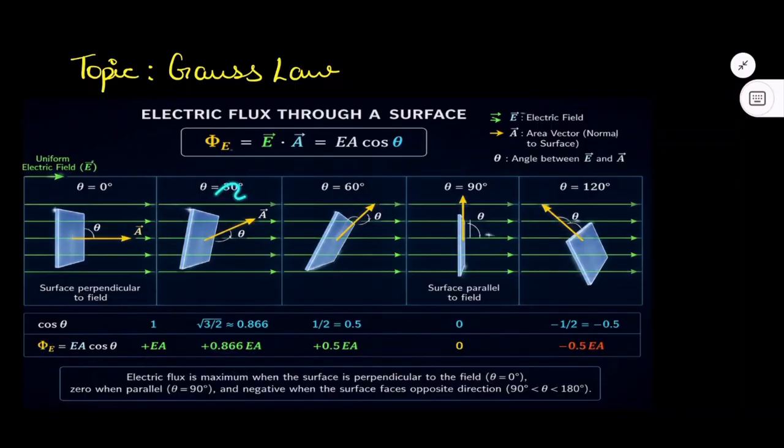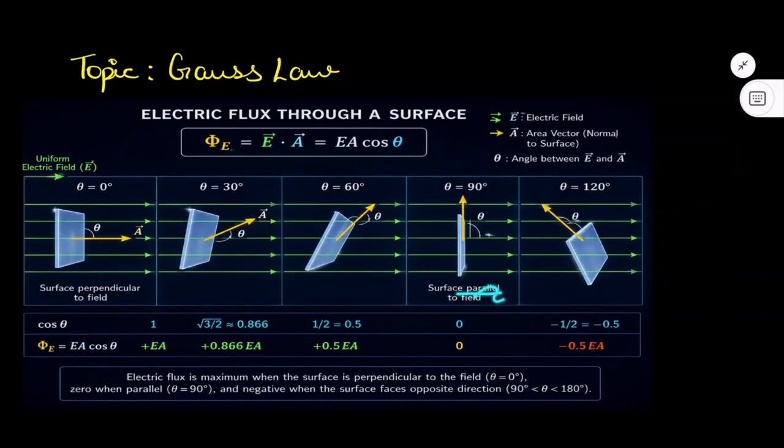So we see that as the theta goes on increasing, our flux goes on decreasing, until the surface becomes parallel to the field. So let's see it from here. When the surface is something like this, the area vector will be in this direction, outward normal, and the field lines are still going horizontally. Now we see that the angle between field lines and the area vector is 90 degree.